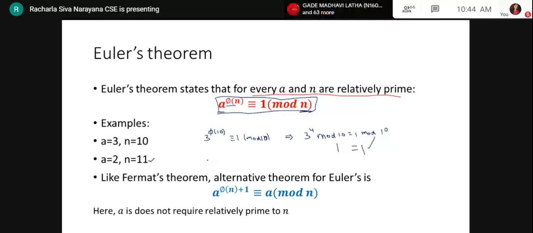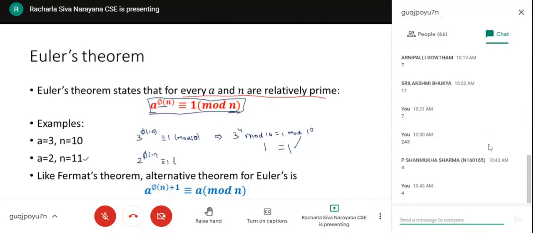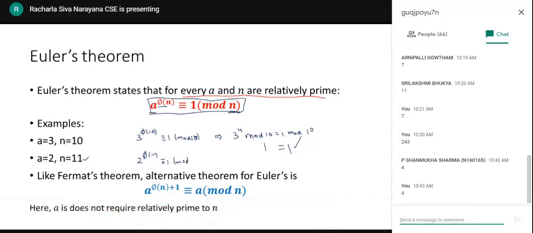Next, another example, a value 2, and n value is 11, congruent 1 mod 11.